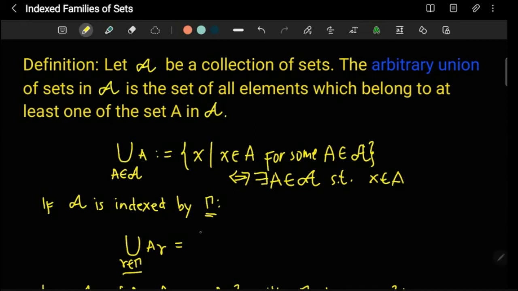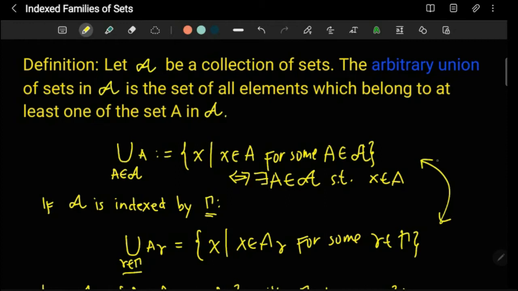So to write that, we have all objects X such that X is in A sub gamma for some gamma in the indexing set. So they are basically equivalent statements. Ang pagkakaiba lang, yung second statement is being indexed by gamma. So in reference to gamma, you have the set A sub gamma. Okay?